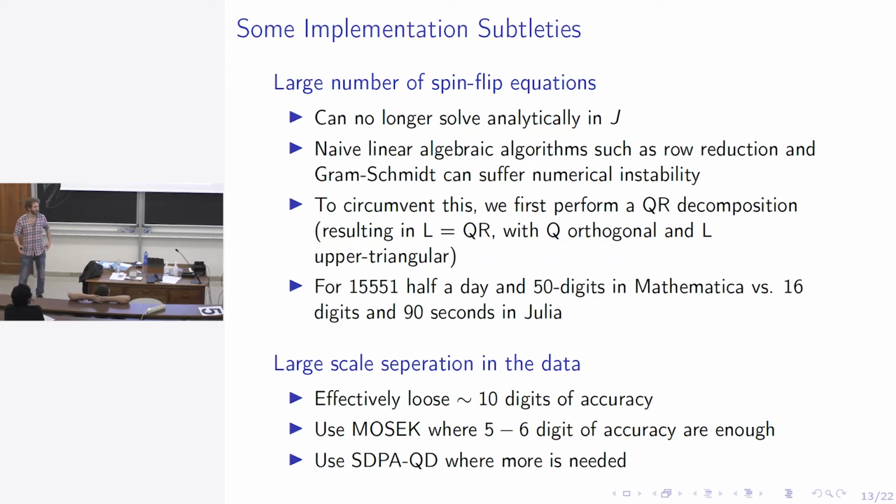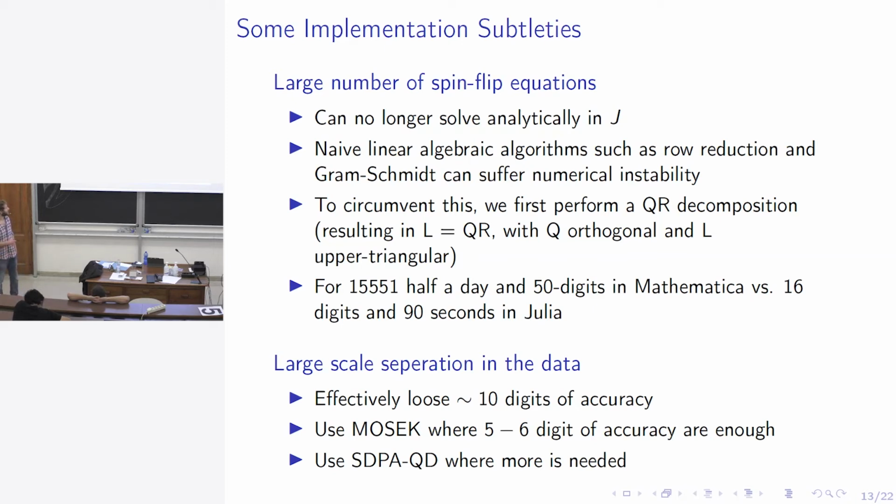It's not a square matrix, and you would like to essentially use Gram-Schmidt or something to get the solutions to this matrix. I'm just saying that the way we did this to get numerical stability, we had to use some fancier QR decomposition in Julia, and only then diagonalize this R that you get from the QR decomposition.